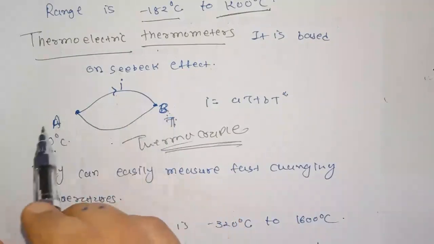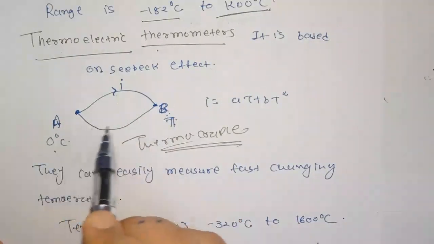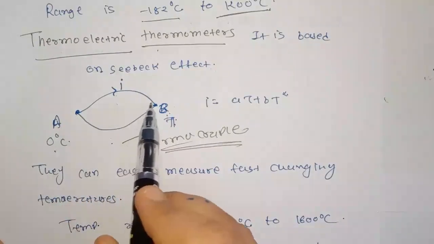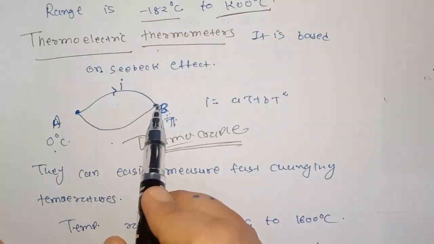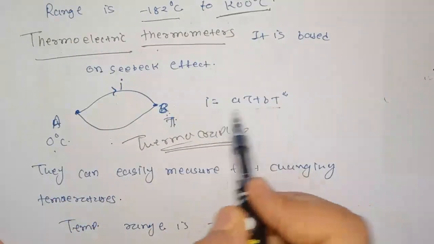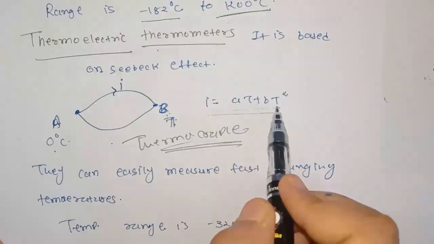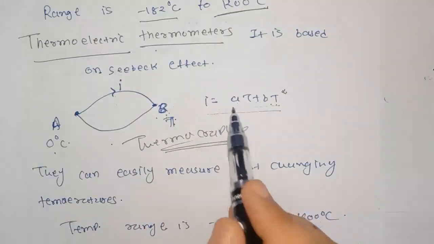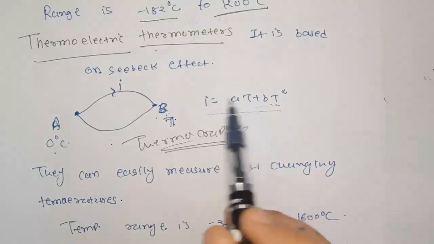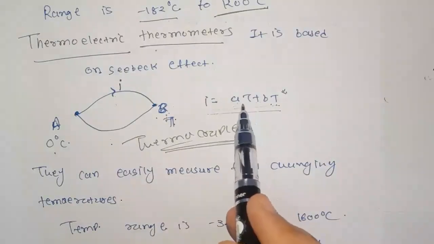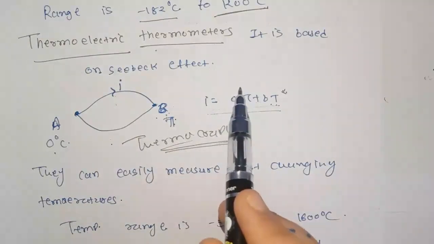Now, due to this temperature difference, there will be a potential difference created between these 2 points and current will start flowing. The current flow is given by AT plus BT square. Here T is the temperature of this body and A and B are constants. We can find the value of current and from that we can find the value of temperature.